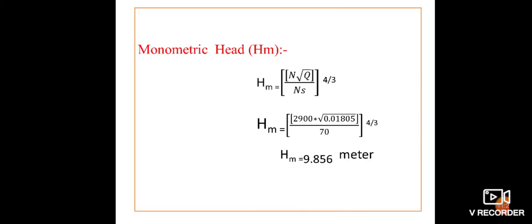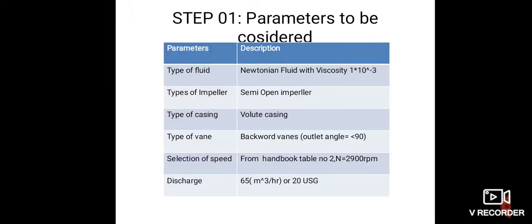After selecting the discharge and the speed of rotation, by using this data we can directly find the required manometric head. The basic formula for specific speed is Ns equals N root Q upon Hm raised to 3/4, or we can rearrange it to find Hm. Ns is specific speed, N is speed of rotation, and Q is discharge in meter cube per second. So we have to convert this discharge into meter cube per second.